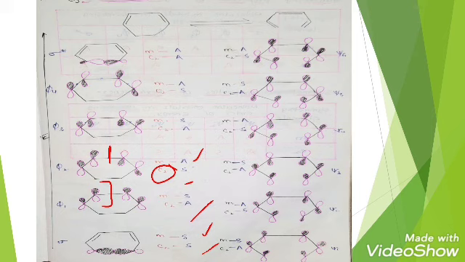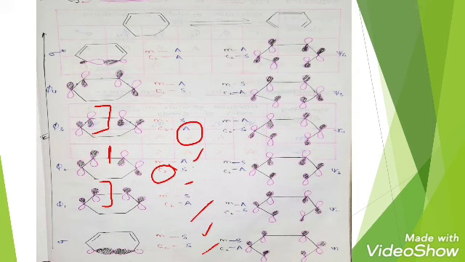And the psi 3 orbital with 2 nodes is symmetric with respect to the mirror plane but antisymmetric with respect to the C2 axis.